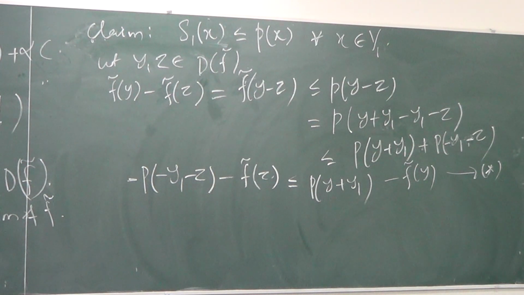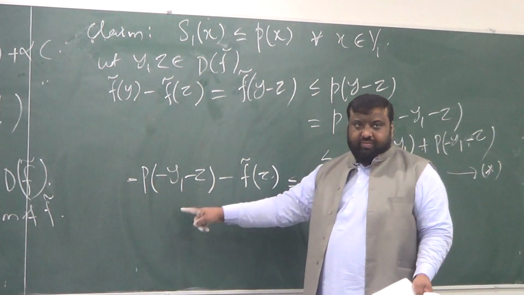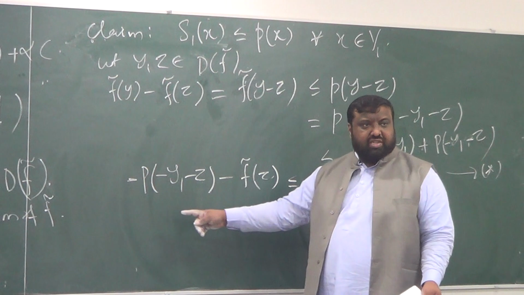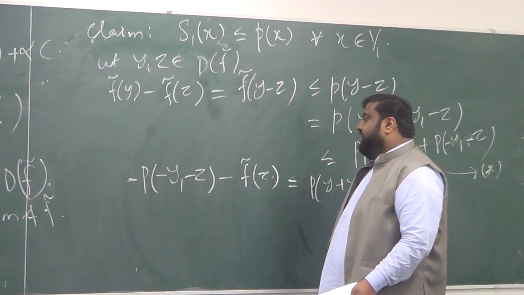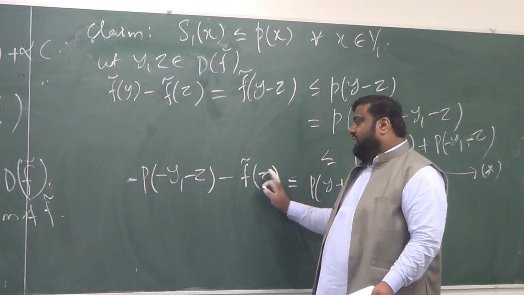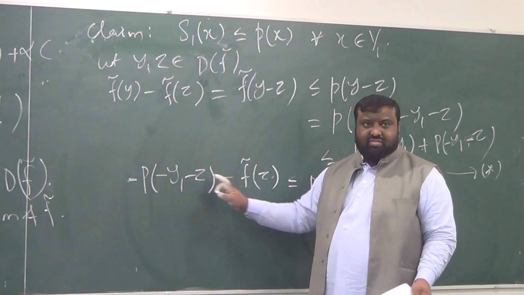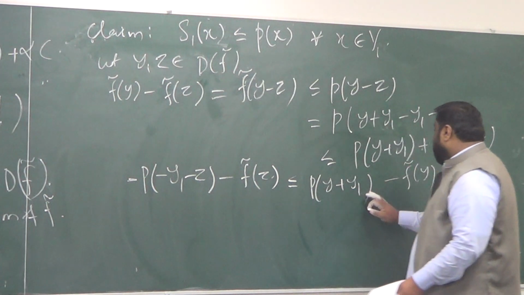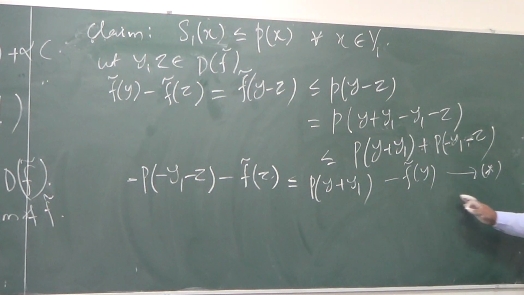Alright, so the next thing that I would like to say is that, if you see, y1 is fixed here. Z is variable. And on this side you have only z, and on this side you have only y is active.